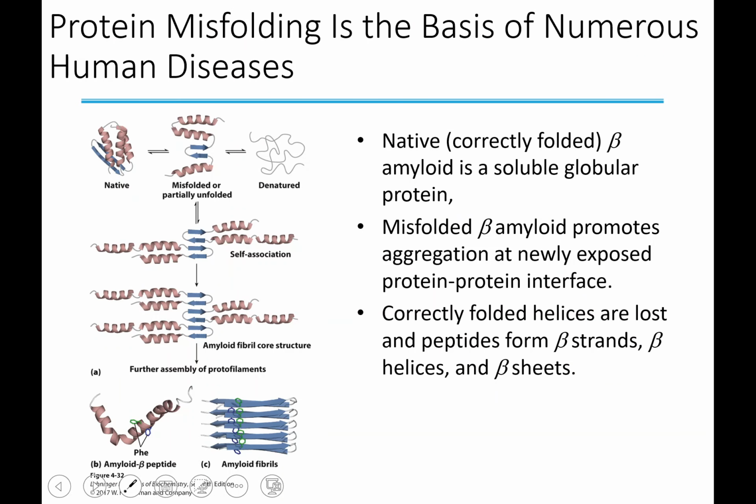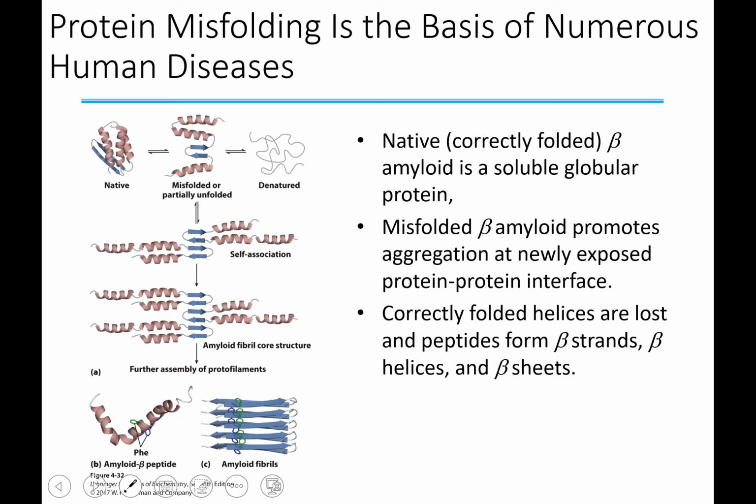The book mentions at the end of this chapter there are many diseases that involve protein misfolding. One that it really talks about is beta amyloid, a globular protein. In its native state, it's soluble.